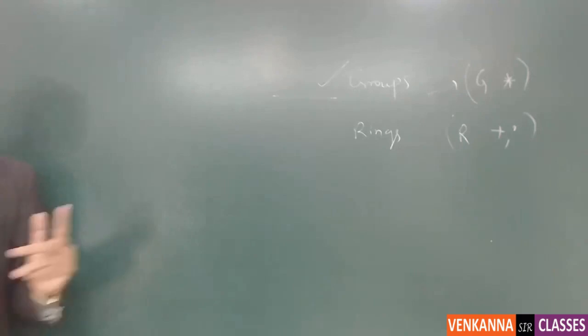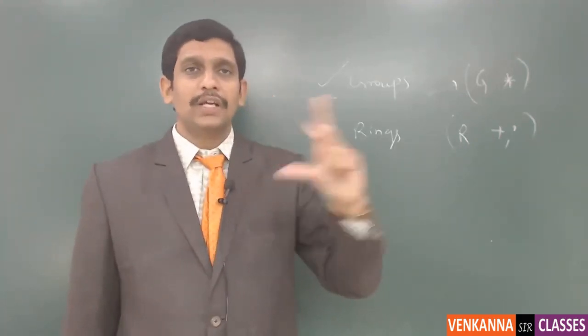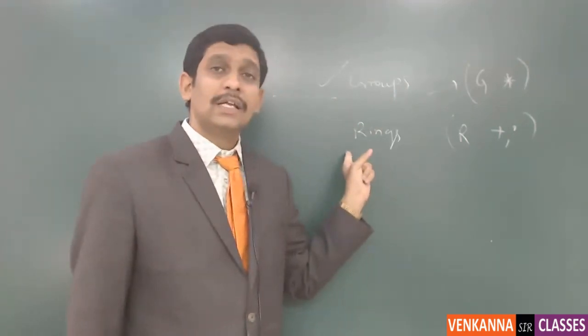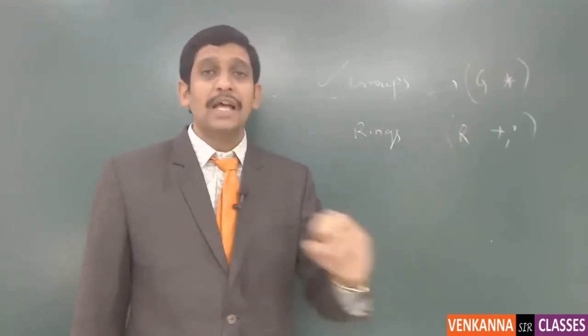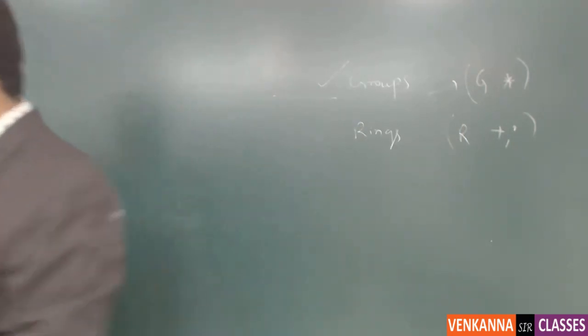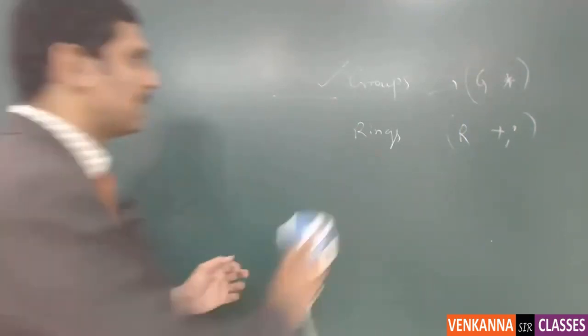And one interesting thing: the length of the solution in groups is small, but in rings, since you are working with two binary operations, the length of the solution is somewhat bigger. That's it. Fine. Thank you for your good listening.